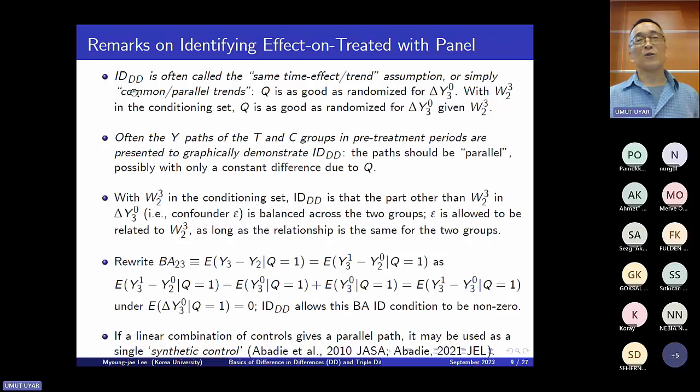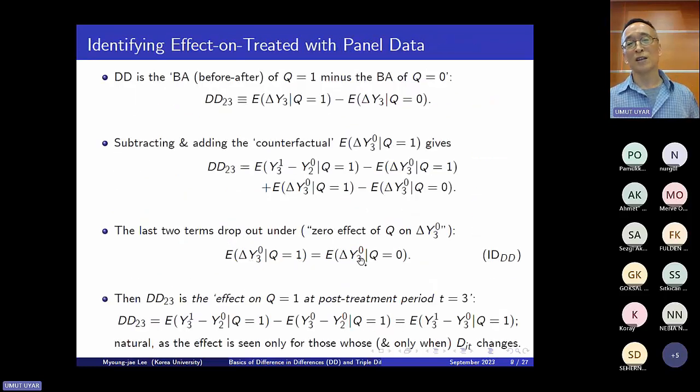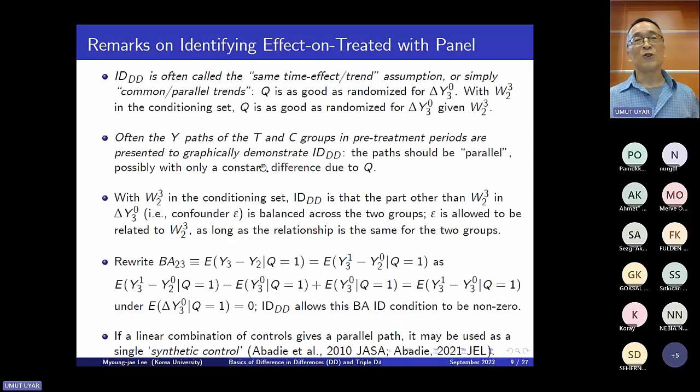And this assumption that the untreated outcome change is the same across the two groups is usually called common trends or parallel trends. Sometimes it is called same time effect or same trend assumption.